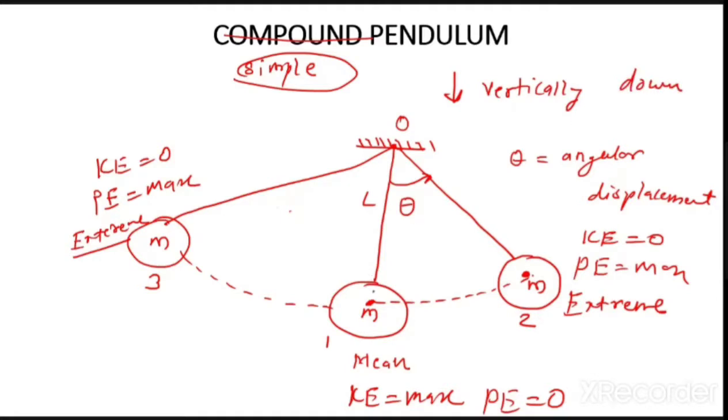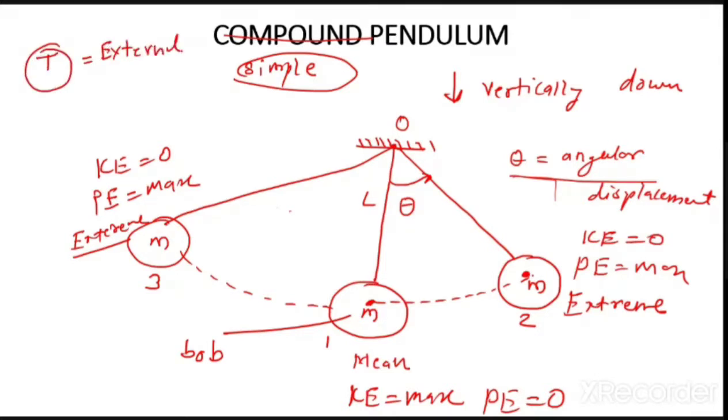This mass m is called a bob. When the bob m is suspended vertically downwards and you give a small angular displacement theta, it will start oscillating. Giving a small angular displacement theta means you are applying some external force, that is, an external torque, in the form of angular displacement theta, and that is why energy enters the system.